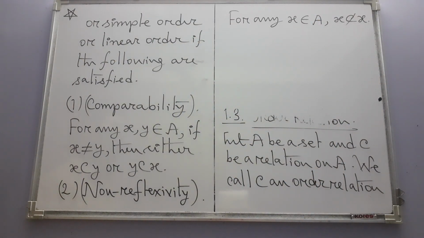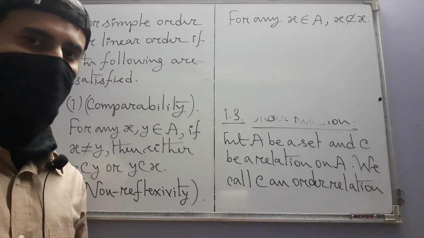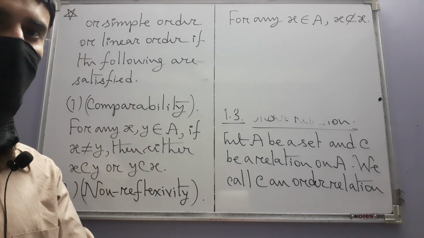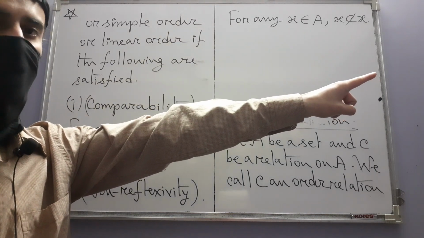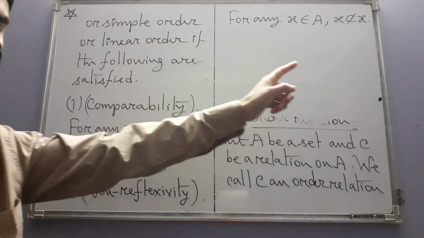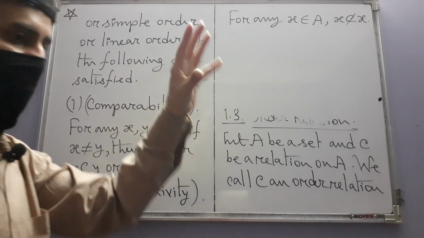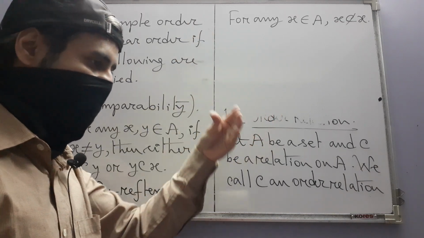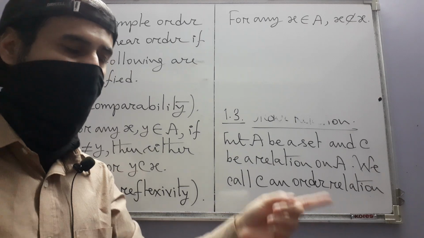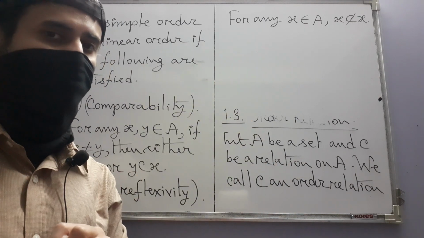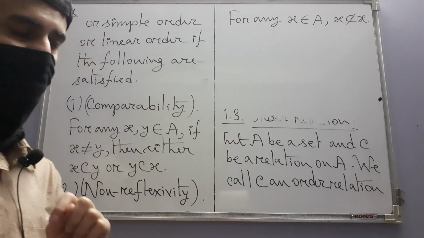This means that the ordered pair x comma x is not in the set C, and this should be true for every x in A. I say exact opposite to reflexivity because in reflexivity all those pairs x comma x have to be in the relation. Here none of them can be in the relation. That is non-reflexivity.